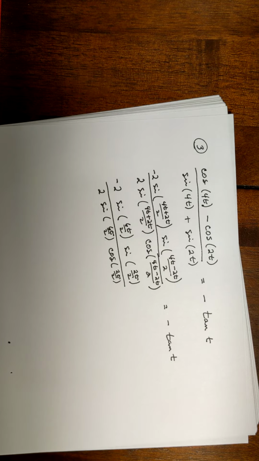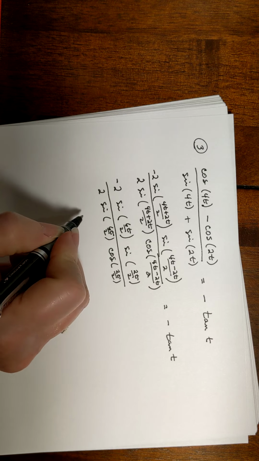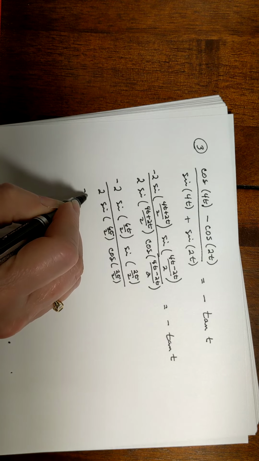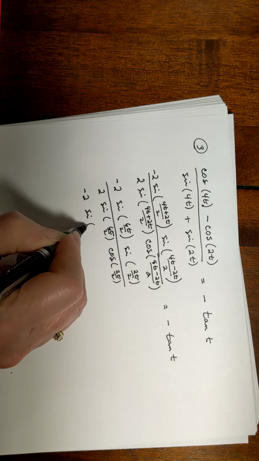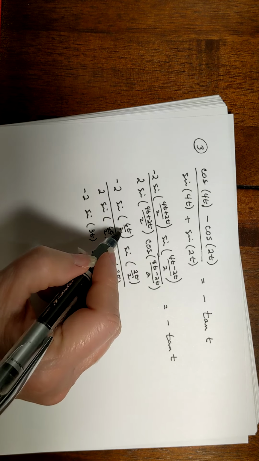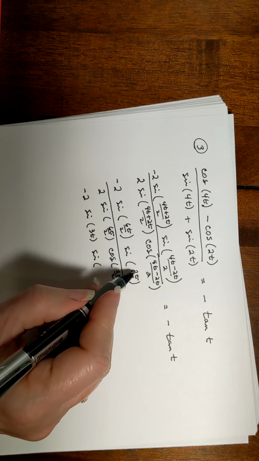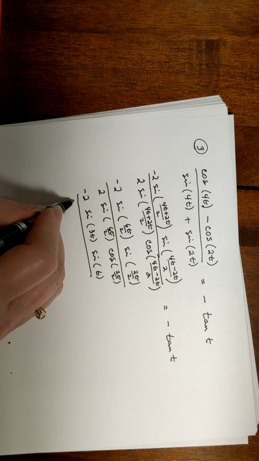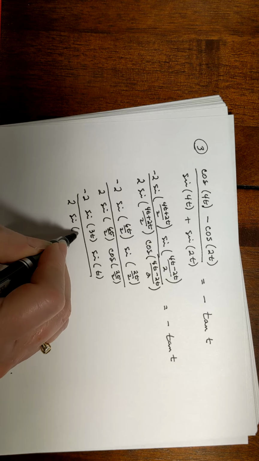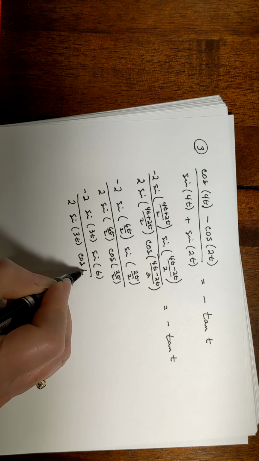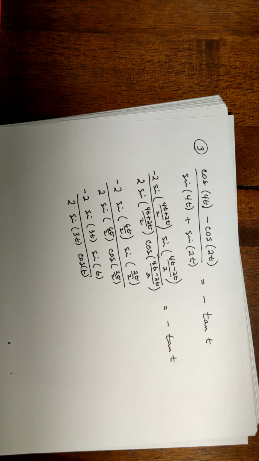So now I want to simplify that. Reducing these fractions in the parentheses, I get negative 2 times the sine of 3t times the sine of, the 2 goes into 6 3 times, 2's cancel, so I just get t, over 2 times the sine of 3t times the cosine of t.